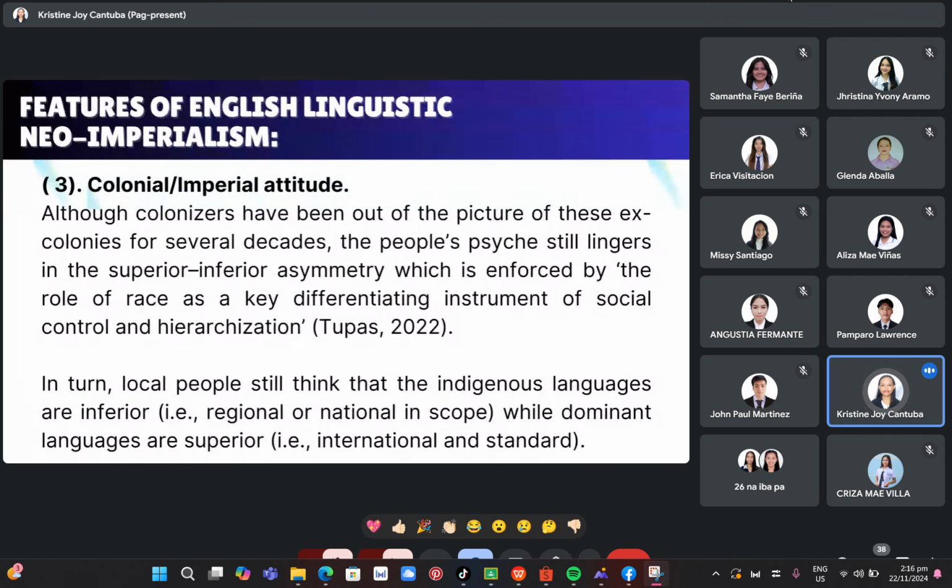And in turn, local people still think that the indigenous languages are inferior. Examples of these are the regional or national scope languages, while dominant languages are superior, the international and the standard languages.